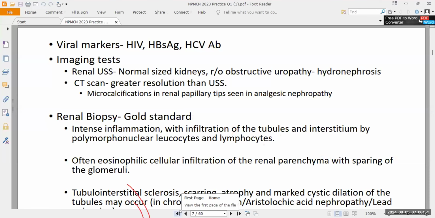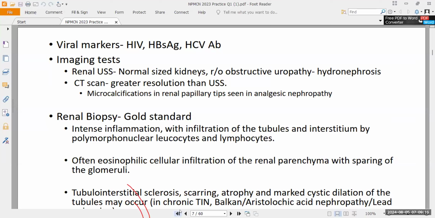Hep B virus can also cause nephrotic syndrome, which is one of my differentials. I'll also do some other blood tests, such as serum autoantibodies and complements, so as to rule out lupus nephritis.